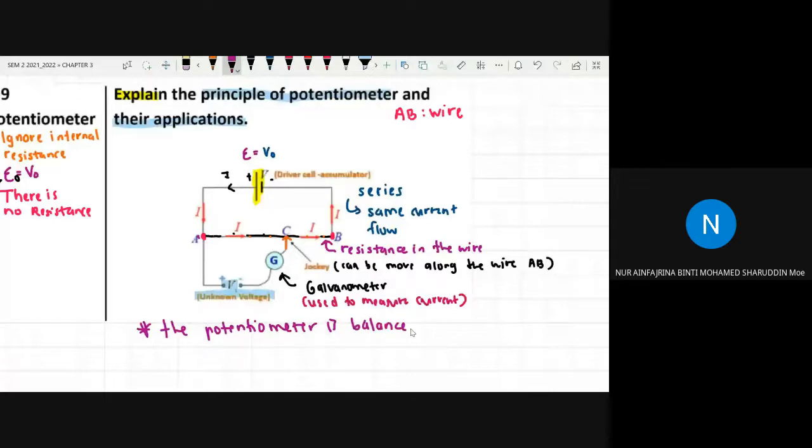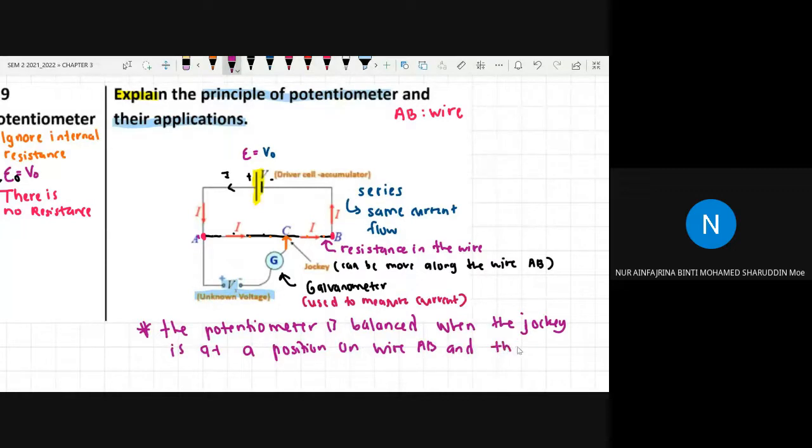Potentiometer is balanced when the jockey is at a position on wire AB and that there is no current flowing. Okay, kejap. Mesti tulis dulu then I'm going to explain.